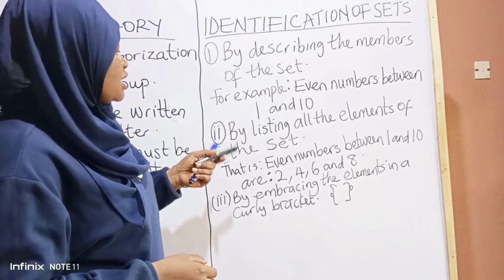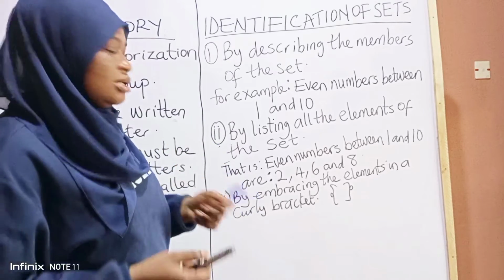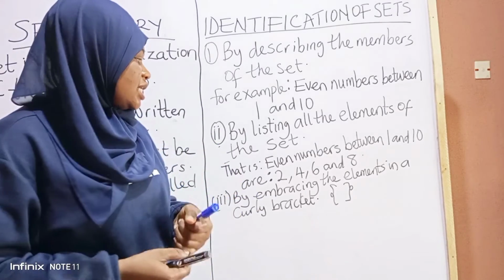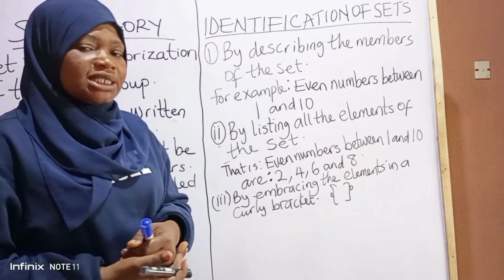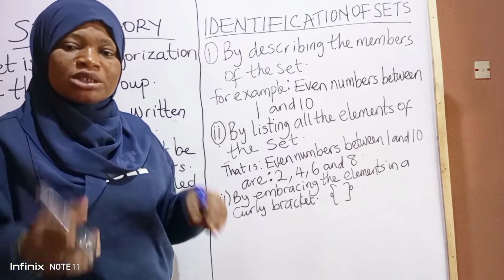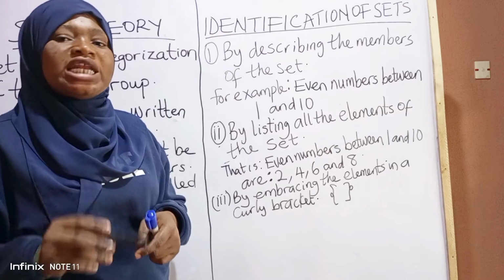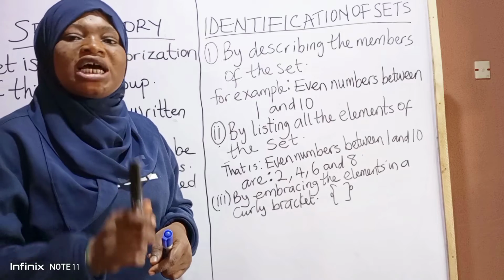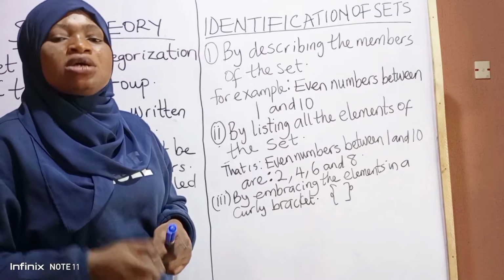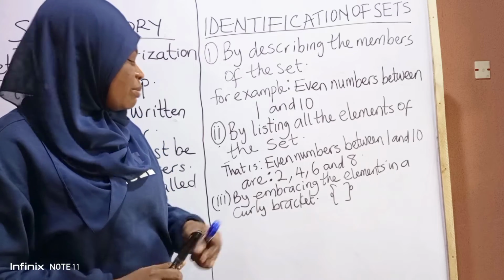The even numbers between 1 and 10 are 2, 4, 6, and 8. The last but not least is that you have to embrace those elements in a curly bracket. In a curly bracket, not just an ordinary or any bracket. So you have to embrace it in a curly bracket.